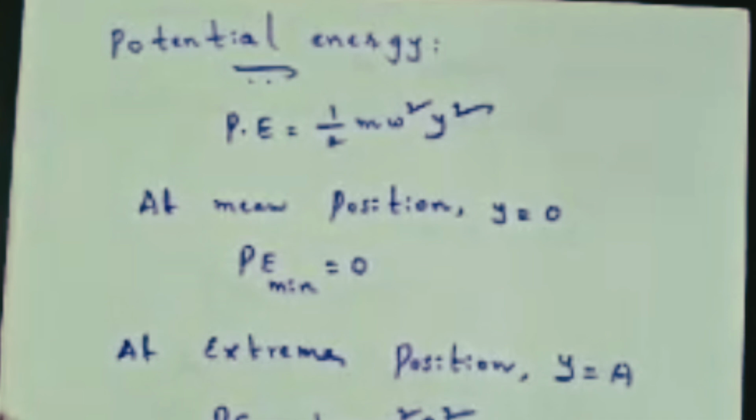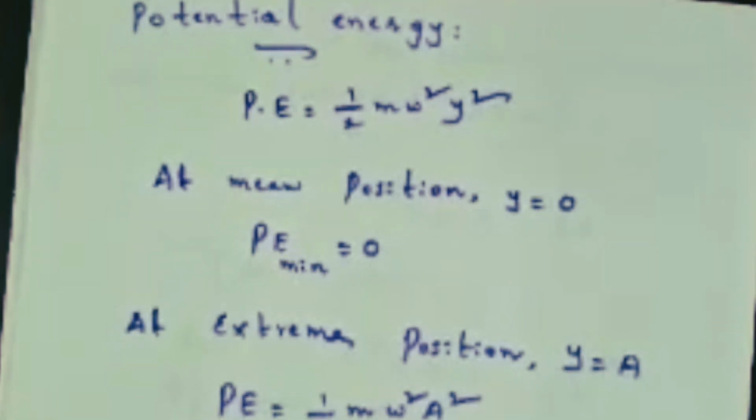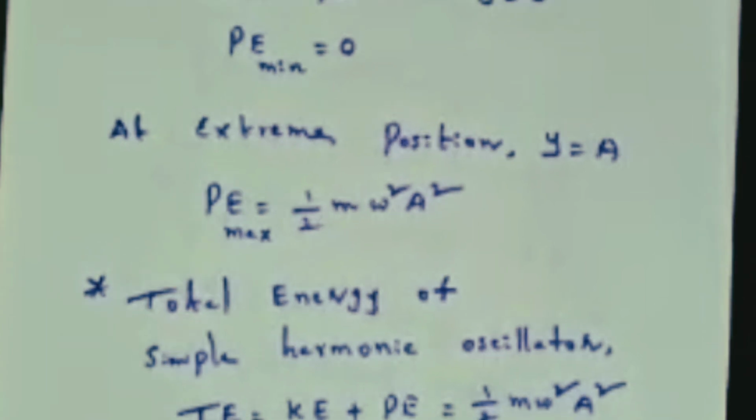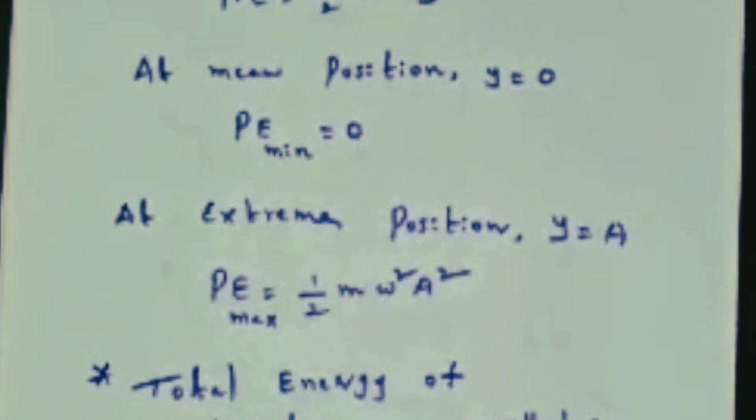At extreme position, potential energy is maximum, where kinetic energy is minimum. So where potential energy is maximum, kinetic energy is minimum. Where potential energy is minimum, kinetic energy is maximum. Altogether, at every point in the path of the oscillatory motion, the total energy of the simple harmonic oscillator must be equal to half m omega square A square.